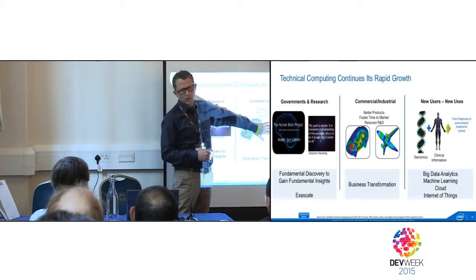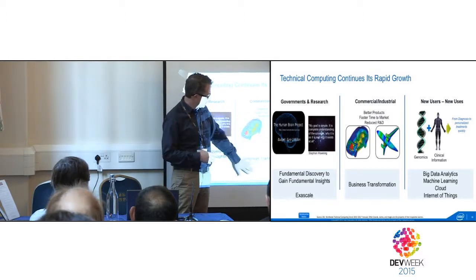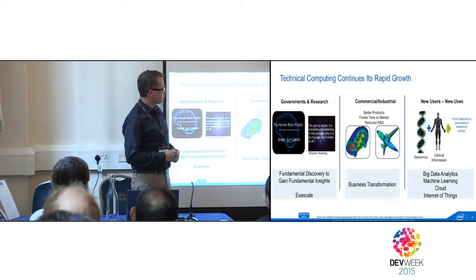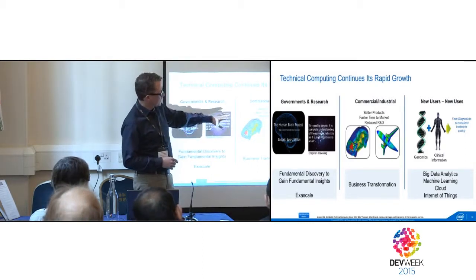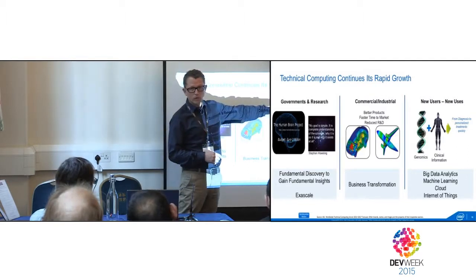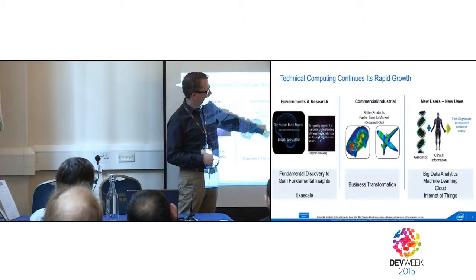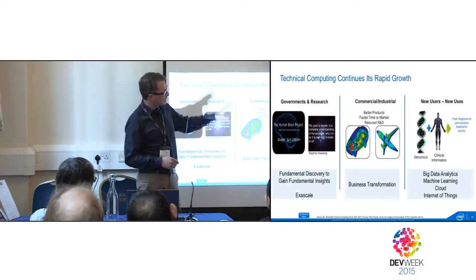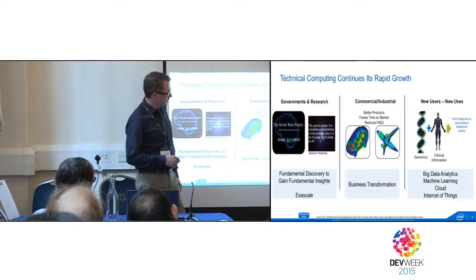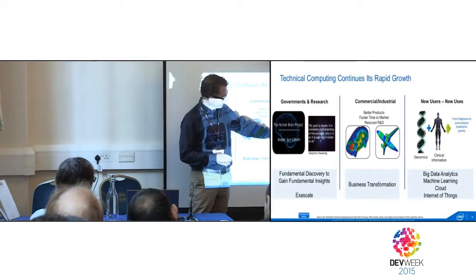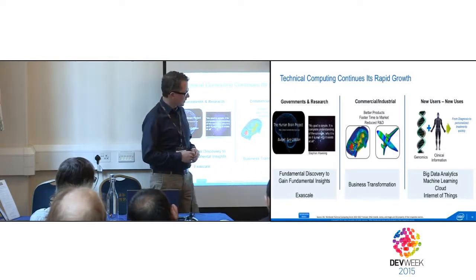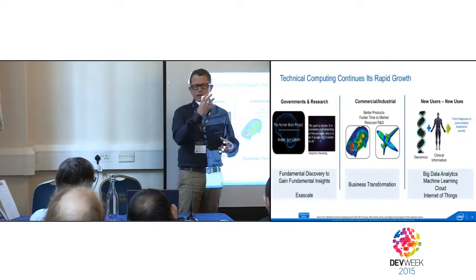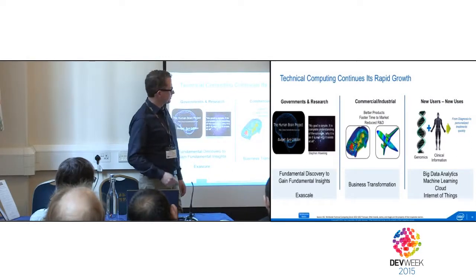Here it's more C++ than Fortran. It's all about simulation, creating products, testing products, things like that. And then we see a lot of new uses in technical computing, and most of it is C++: big data analytics, machine learning, cloud computing, cloud analytics, and the Internet of Things, which translates also into technical computing.